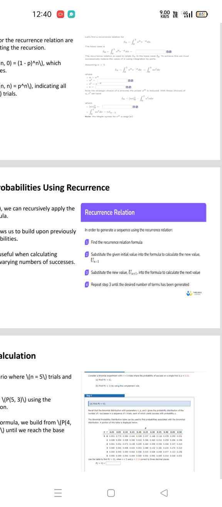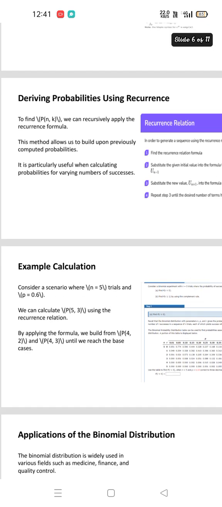Substitute the given initial value into the formula to calculate the new value u(n plus 1). Substitute the new value u(n plus 1) into the formula to calculate the next value. Repeat until the desired number of terms has been generated.